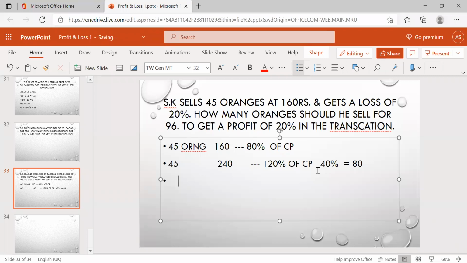Now they said 96 rupees, and how many oranges are they asking? Just do the cross multiplication here.